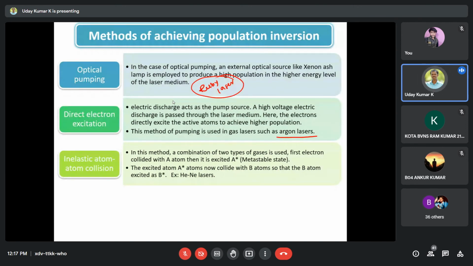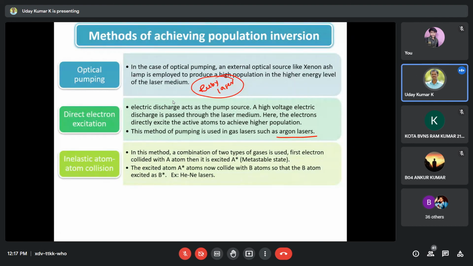Then the atom will be excited to an excited level, or metastable state. While it comes back, it releases its energy, and that energy will be given to some other atom, that is B. Then B will be excited, and B goes to the higher energy level.